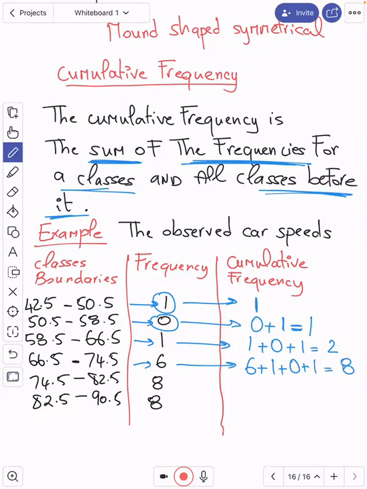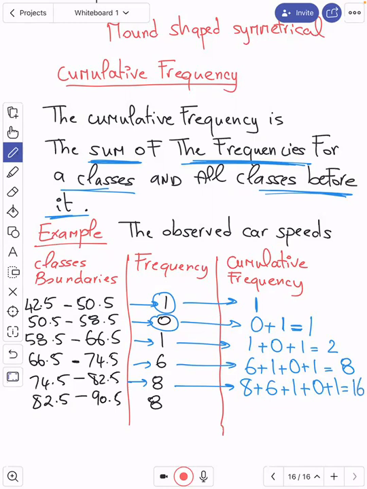For the fifth class, its frequency is 8 plus the frequencies of the classes before it: the fourth class is 6, the third class is 1, the second class is 0, and the first class is 1. So 8 plus 6 is 14, plus 2 is 16. The cumulative frequency of the fifth class is 16.